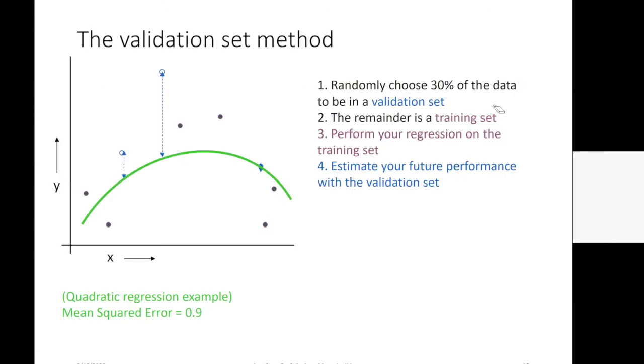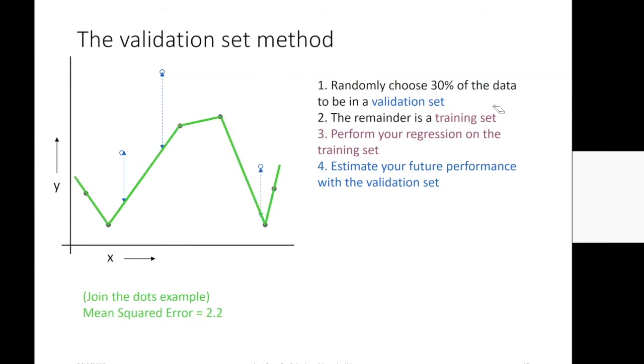Then you perform the same thing using quadratic regression, on the same 3 points. This gives you a mean squared error of 0.9. You fit the joint dots regression model, and it gives you 2.2. So it's easy to put them together.